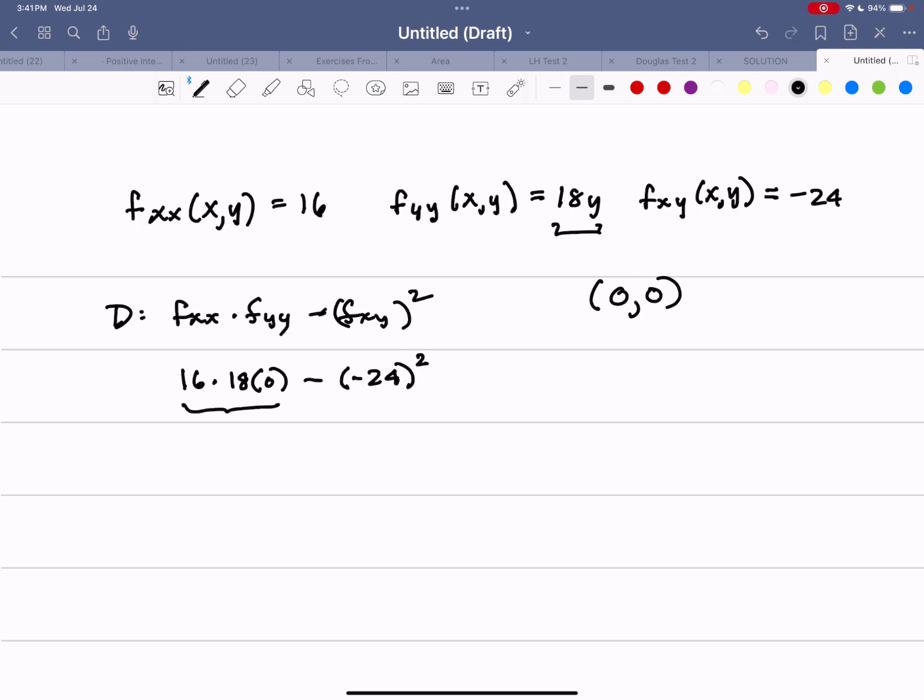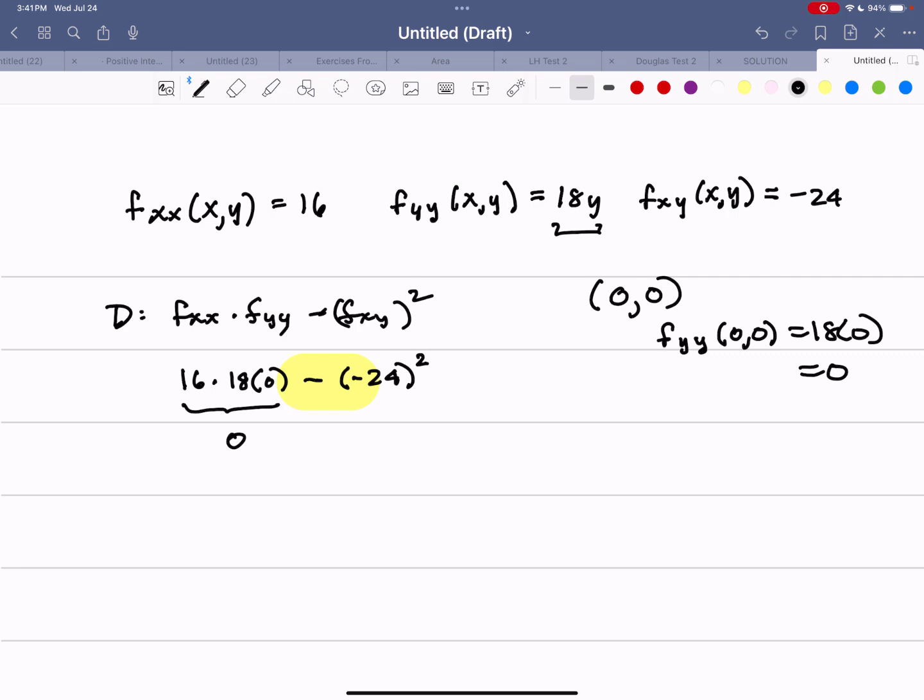Now, all of this is going to turn out to be 0, because if you do f_yy at (0,0), that's going to be 18 times 0, so that gave me a 0. And here's where a lot of the mistakes come in. This is going to be a negative 24 times 24. So it's negative 24 times, it's the opposite of negative 24 squared.